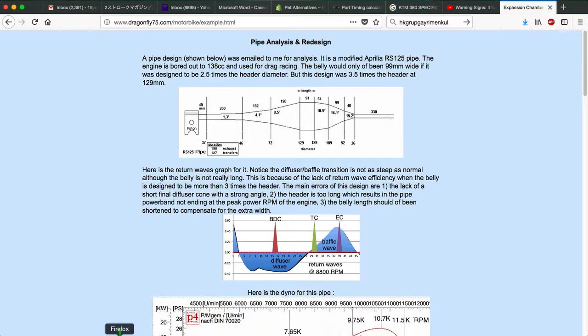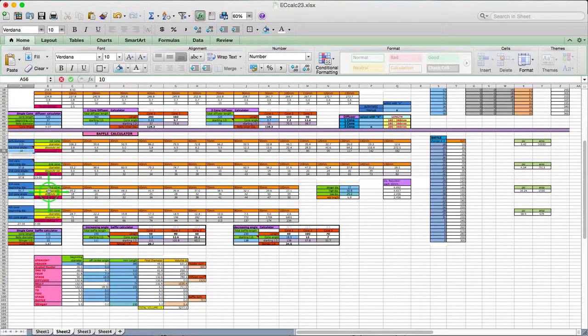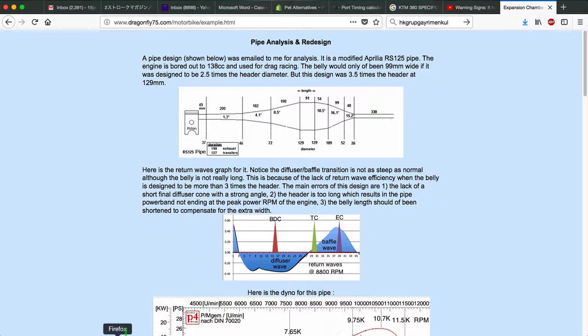So the baffle is 3 sections. 54, I'm going to make that 50, 100, and 50 at 10.5. What did I say that diameter was? Diameter 129.